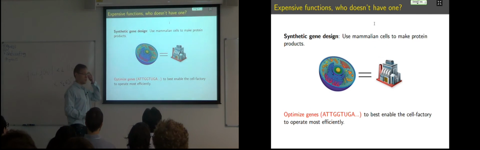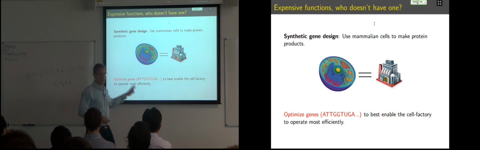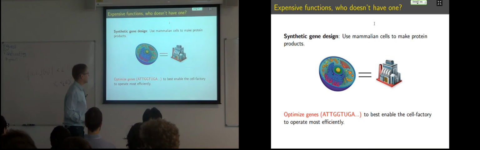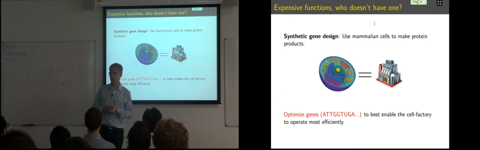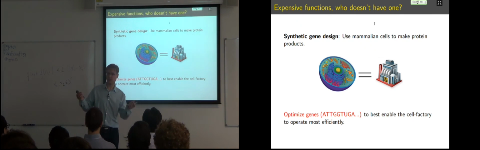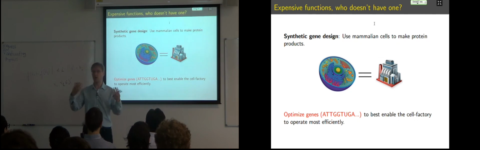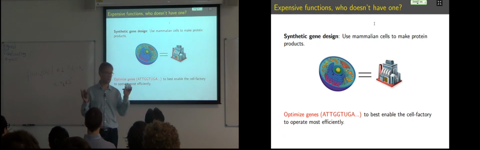Or you can think about examples in computational biology, and this is something we are doing here in Sheffield, and I will talk about this later, in which you have cells that you want to use as mini factories to produce proteins of interest. In this case, what you want to do is optimize the genetic code of the cell so you can engineer the cells to produce more of the protein in which you are interested, right?